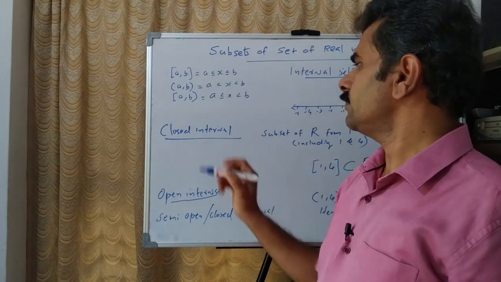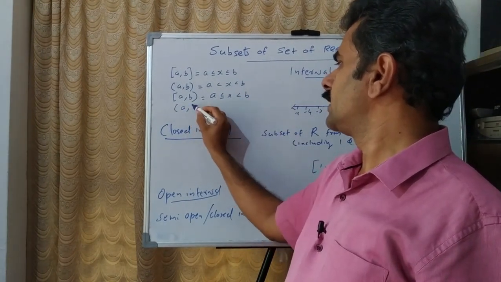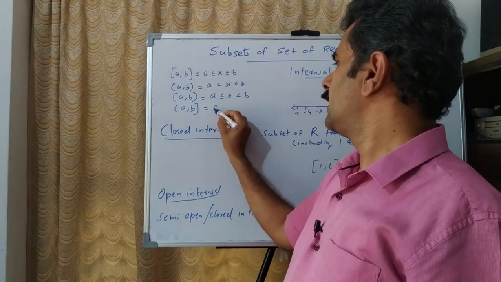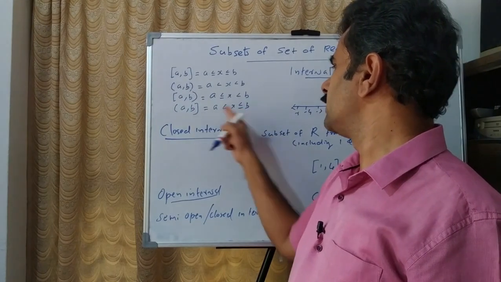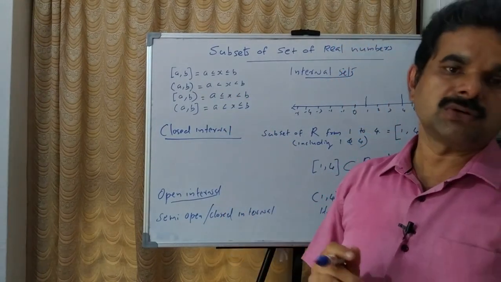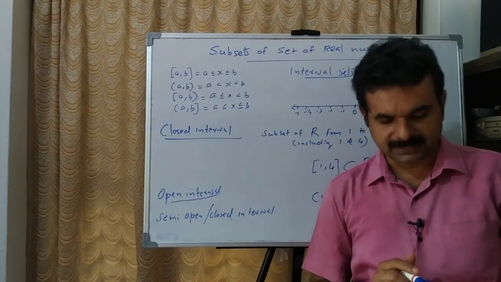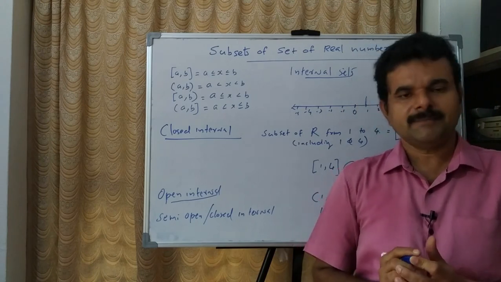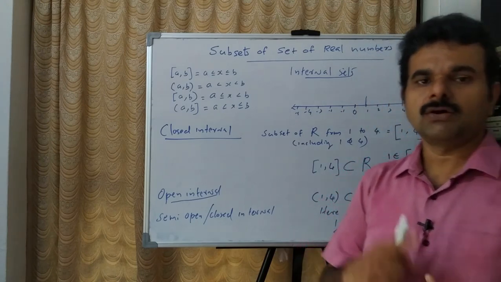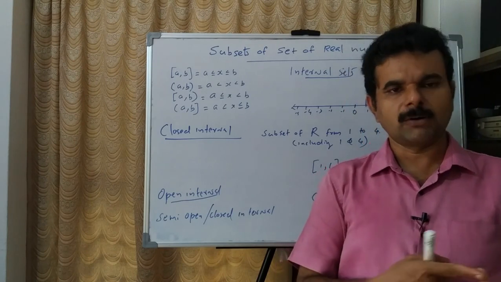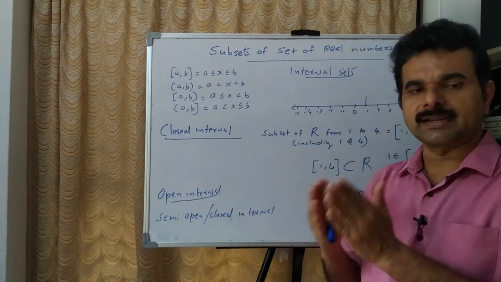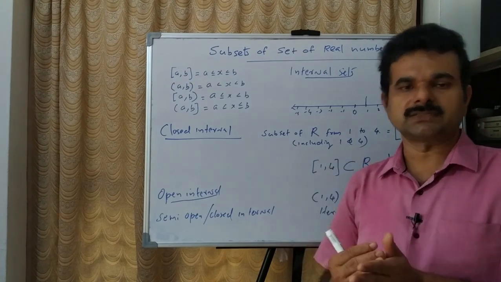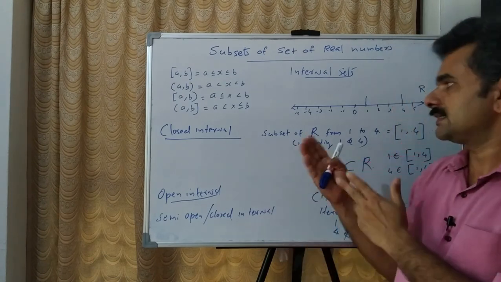Clear? Similarly, this one, (a, b]: a is excluded, but b is included. Okay. So these are the types of intervals or interval subsets: the closed interval, open interval, and semi-open or semi-closed intervals. These can be taken as subsets of the real number set when the real number set capital R is taken.